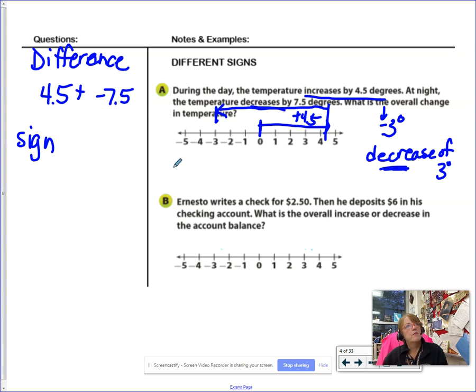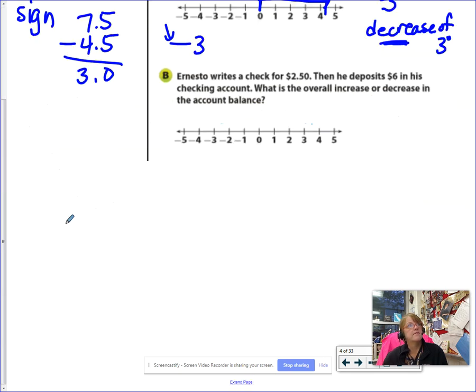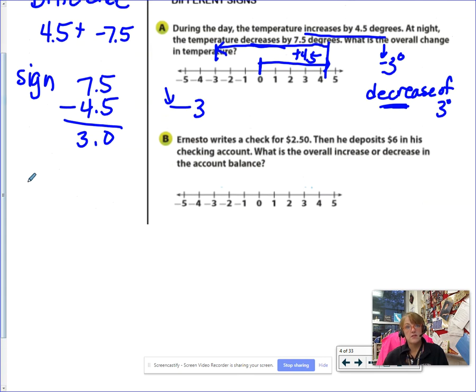The sign is going to be negative, and then you have to take the difference of the absolute values. 7.5, 4.5, line them up, subtract. That's 0, this is 3, but my answer has to be negative. Okay, so make sure you're paying attention to the sign and whether you're going to add these absolute values or subtract them. Same sign, sum.